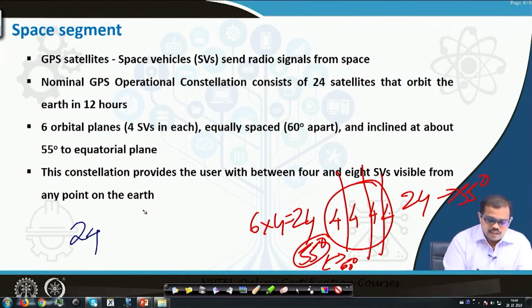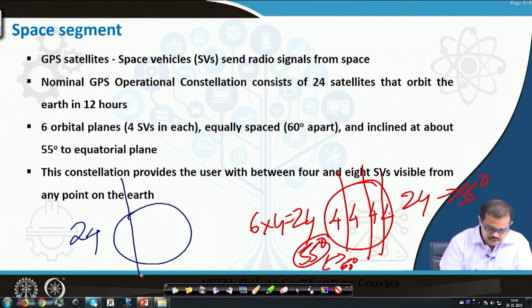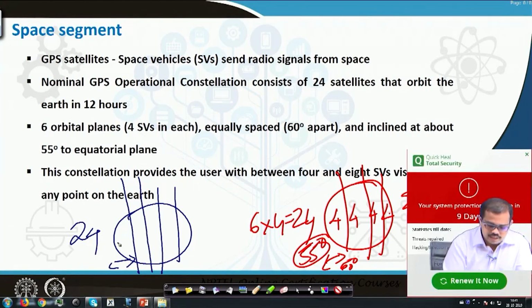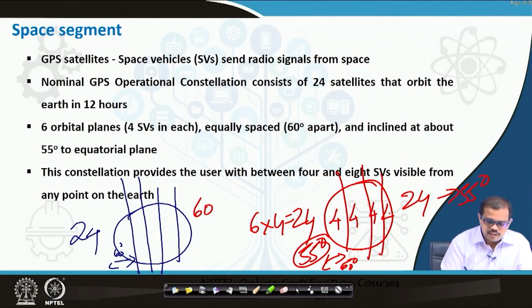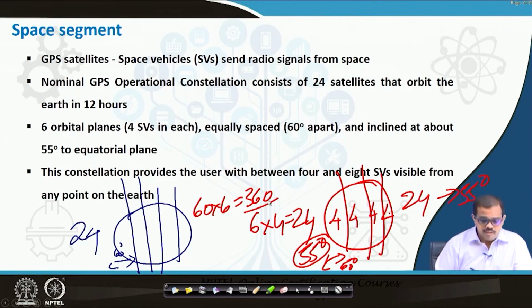Now, when you look at this as the Earth surface, it is divided into 6 planes, each plane at 60 degrees. Now, 60 into 6 planes is 360 degrees, which is covering the entire Earth surface. Each 60 degrees will have 4 satellites.